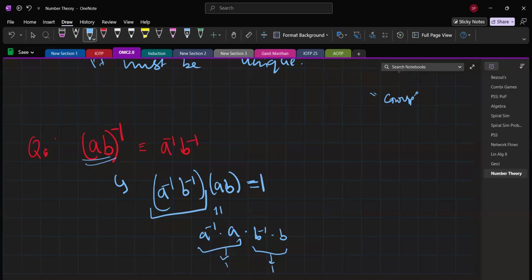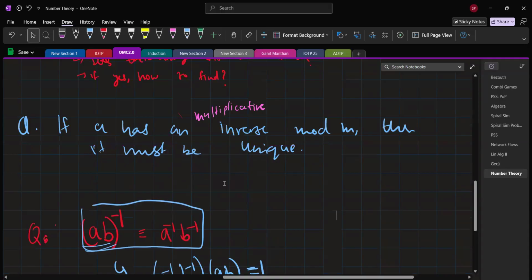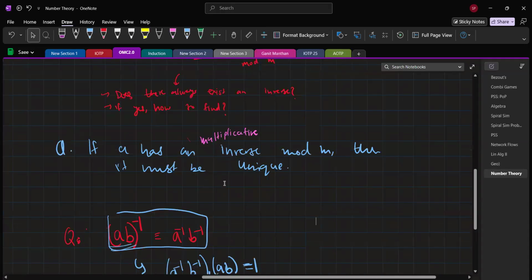Then in a group, this property always holds. Basically, you extract the properties that make this thing hold and try to make it as abstract as possible, detached from the real world. Anyways, that was a divergence. That was an interesting observation and a nice proof as well.